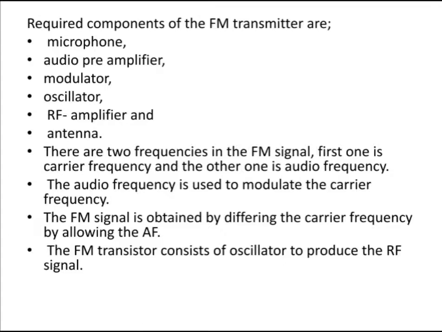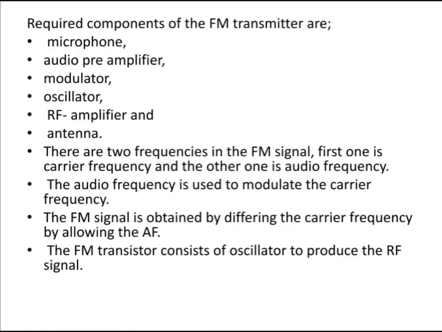The required components of an FM transmitter are microphone, audio preamplifier, modulator, oscillator, RF amplifier and antenna. There are two frequencies in the FM signal. The first one is the carrier frequency and the other one is the audio frequency. The audio frequency is used to modulate the carrier frequency. Okay, the FM signal is obtained by varying the carrier frequency with the audio frequency.